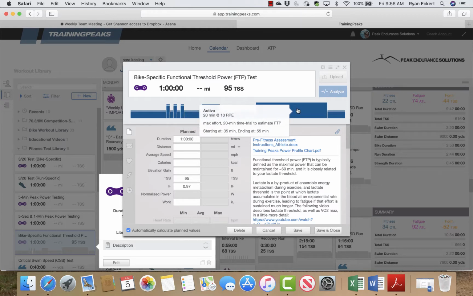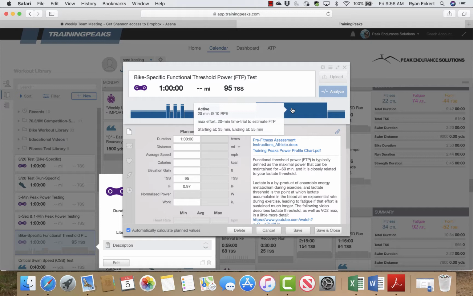This 20-minute time trial is what really matters. From it, you're going to be hopefully gathering power, so this test is really best for those who have a power meter. You can use heart rate, and you can use pace, like speed in miles per hour, if you're on a pancake flat surface where there are no hills, no turns, no stops and no lights.